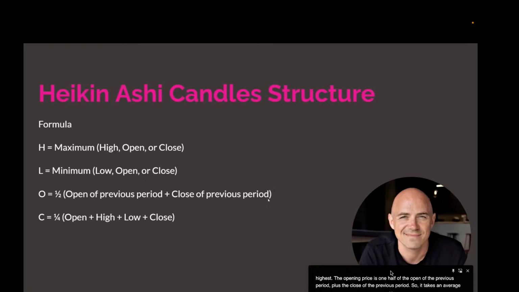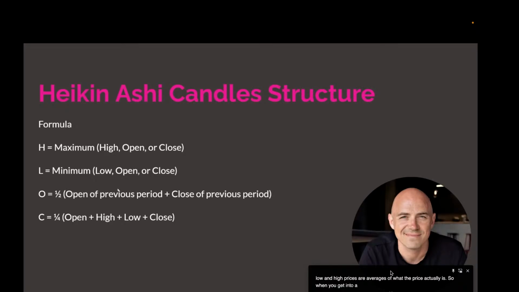So it takes an average between those two and divides it in half. The close is one quarter of the opening price plus the highest price plus the lowest price plus the closing price. Again, let me reiterate, you do not need to memorize this. You just need to understand that the actual close, open, low, and high prices are averages of what the price actually is.